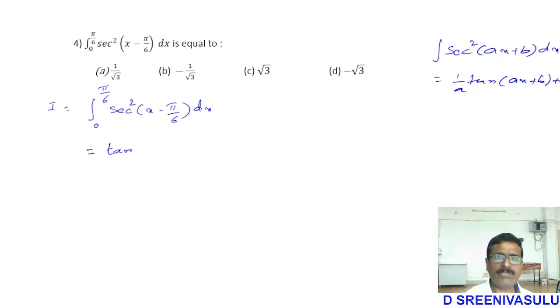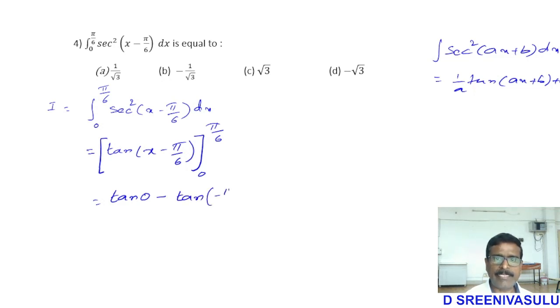Here, the coefficient of x is 1, therefore tan x minus pi by 6. Plus c will not come because it is a definite integral from 0 to pi by 6. Then upper limit minus lower limit. Tan of pi by 6 minus pi by 6 is tan 0, minus tan of 0 minus pi by 6 after substitution.